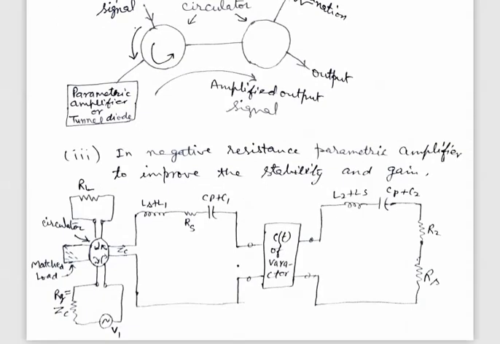Similarly, a third application is shown. It is used to improve the stability and the gain of the negative resistance parametric amplifier, in which a 4-port circulator is connected in the input circuit, and the signal generated from the generator is circulated towards the varactor diode, and the output signal after amplification is delivered only to the load, and the input resistance of the signal RG will remain uncoupled.